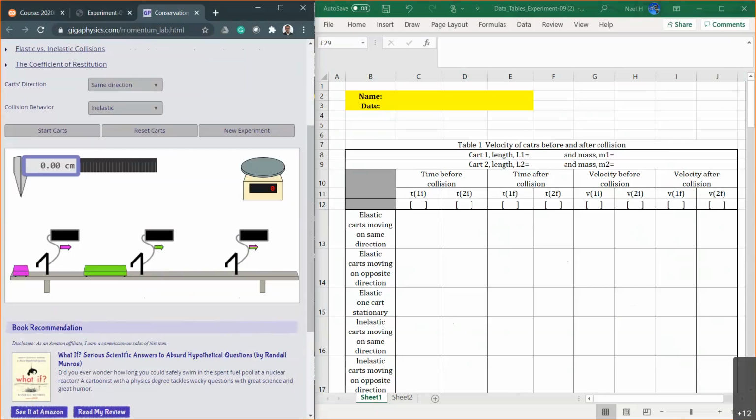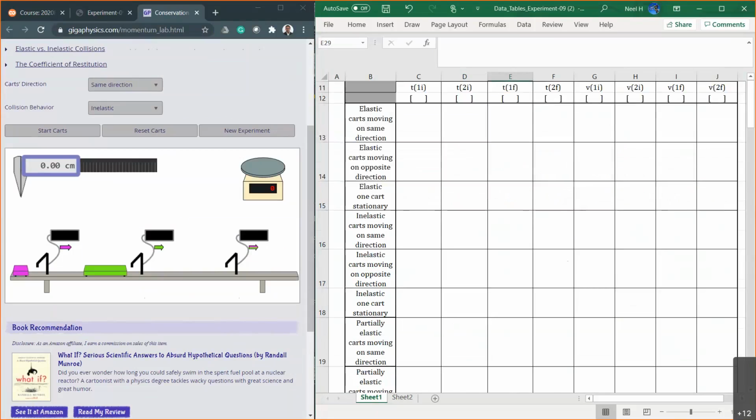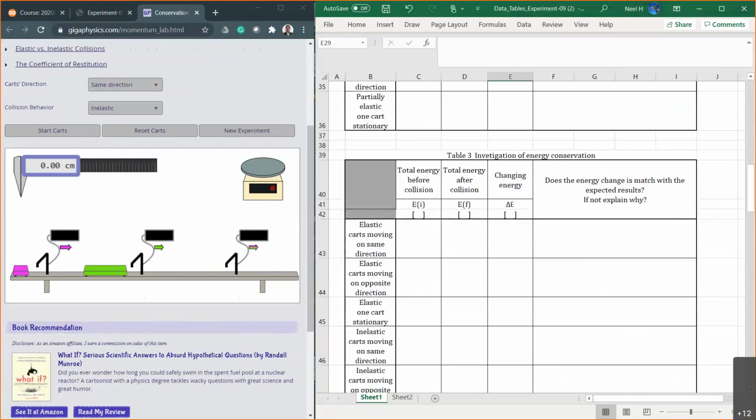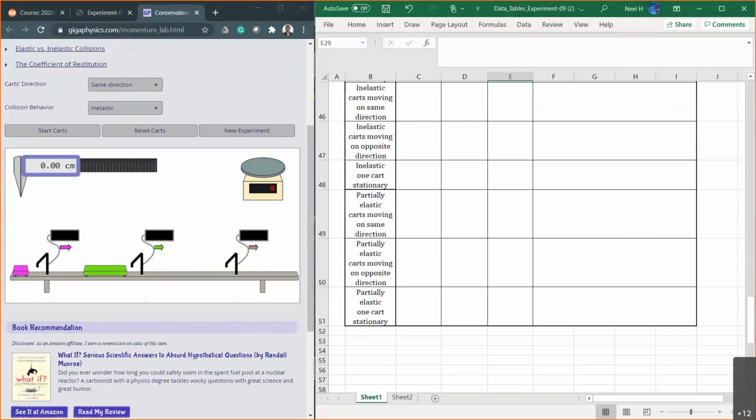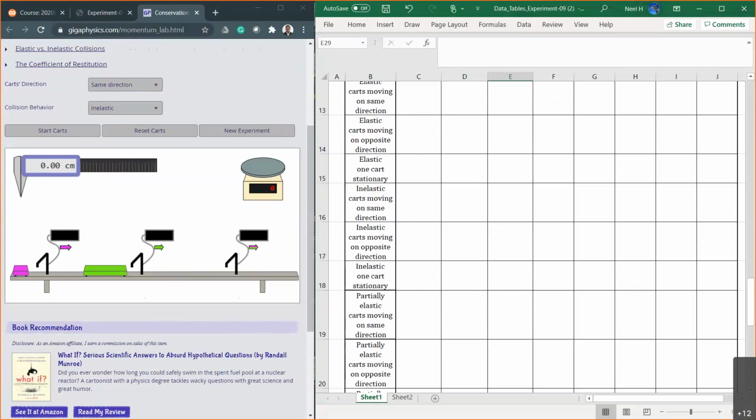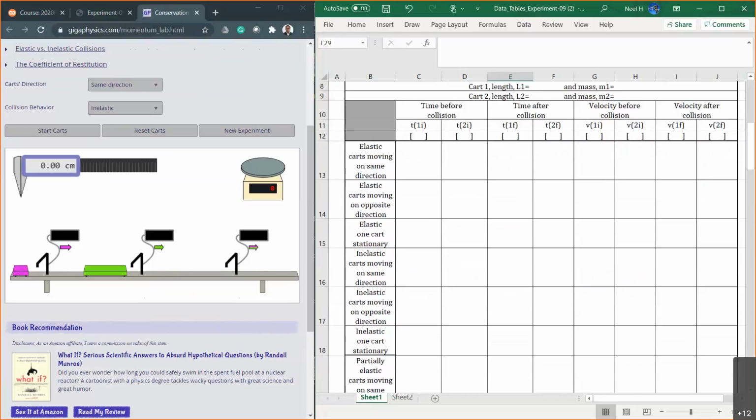If you take a look at the simulator, you can also look at the data tables. There are only three data tables. There are no graphs or anything, but it needs a lot of calculation.